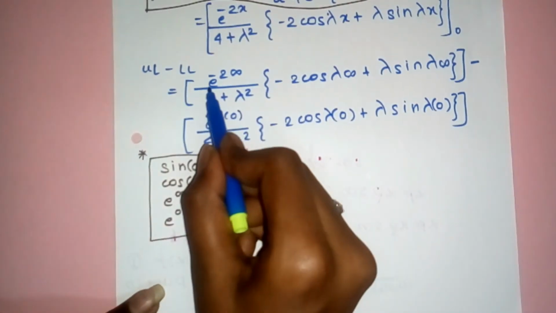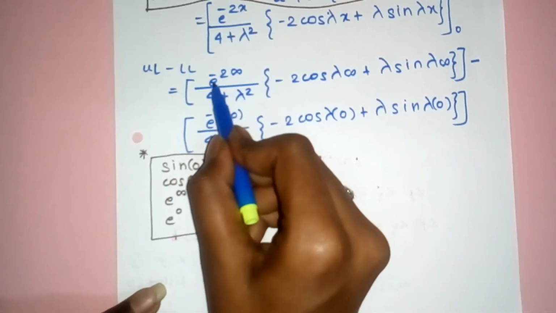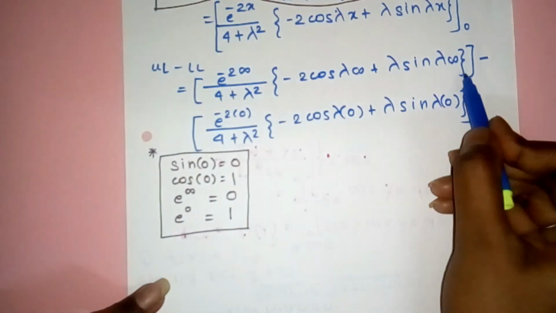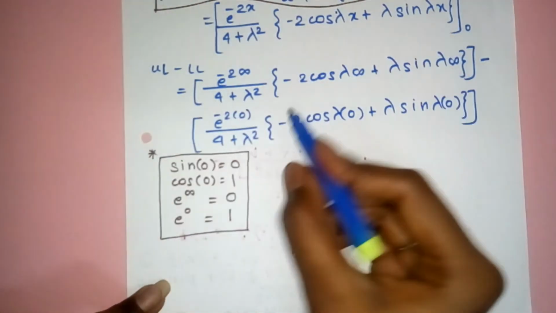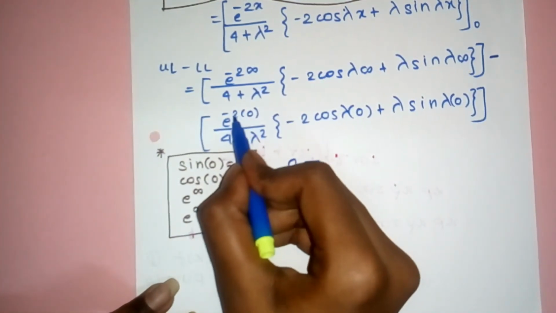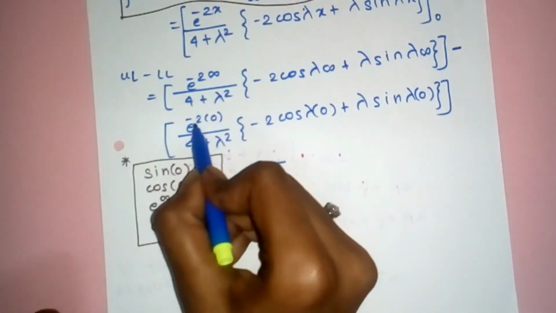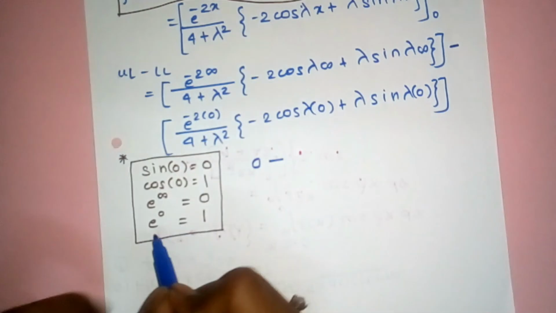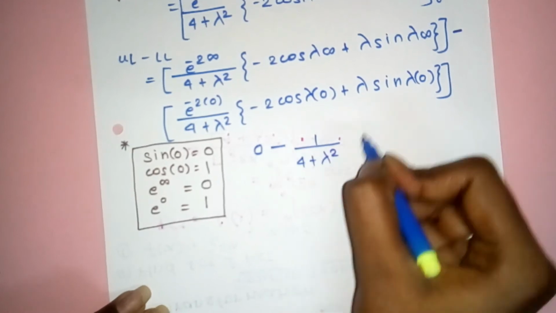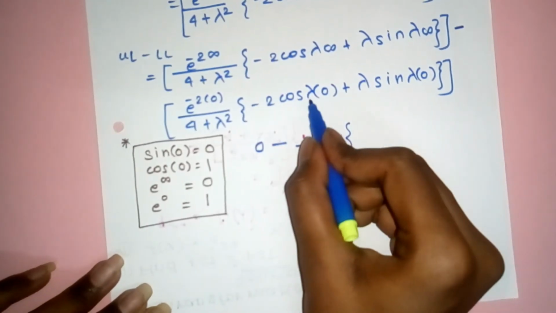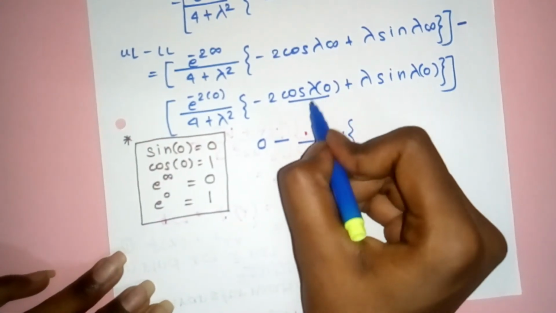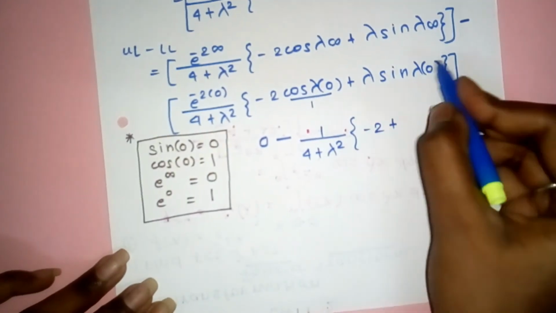Over here it is minus e raised to minus 2 infinity, therefore it becomes e raised to minus infinity, which is 0. And 0 multiplied by anything will become 0. Therefore this entire term will become 0. Minus, we have 2 into 0 is 0, therefore it becomes e raised to 0, and e raised to 0 is 1. So we have 1 upon 4 plus lambda square into, we have cos 0, which is 1, so 1 into minus 2 is minus 2, plus sine 0.